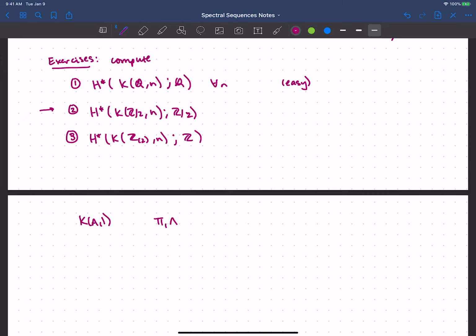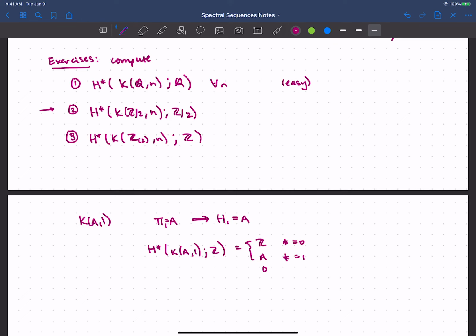You do know pi 1 is A, and the Hurewicz theorem will tell you that H1 is also A. So if you want the cohomology of K(A, 1) in integral coefficients, you'll get Z in degree 0, A in degree 1.